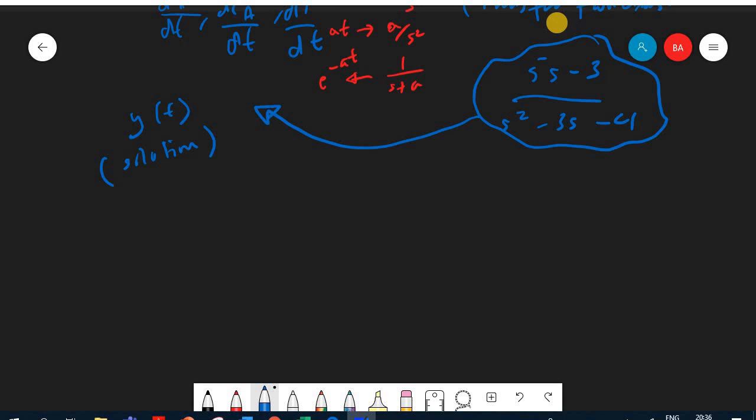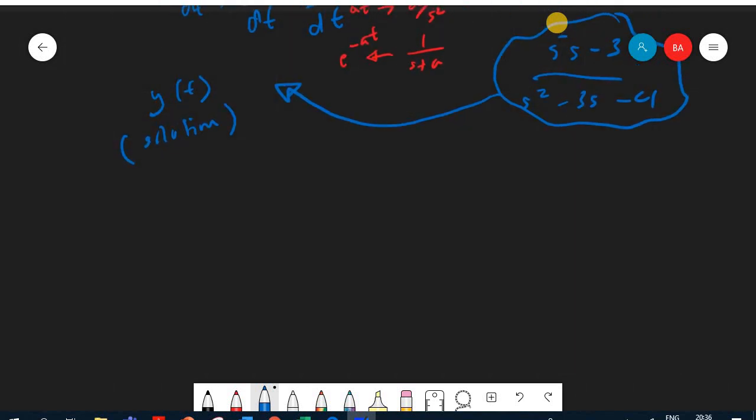The first example we're going to take is the one that I just stated here. So example number 1. As we are saying, we are going to take the same example.